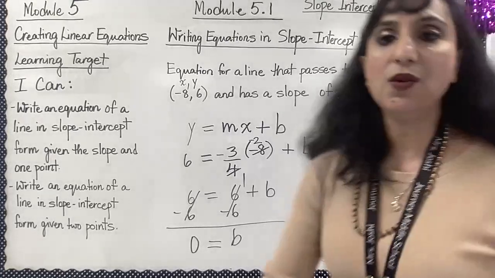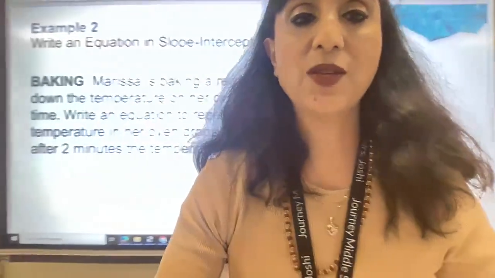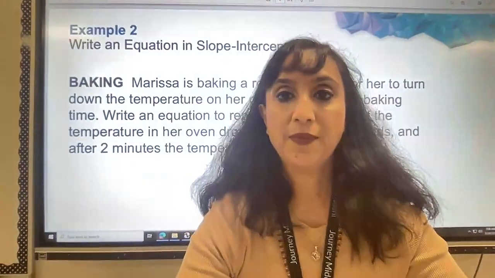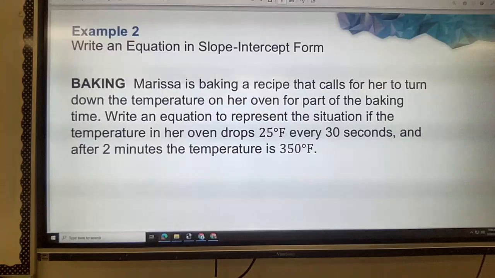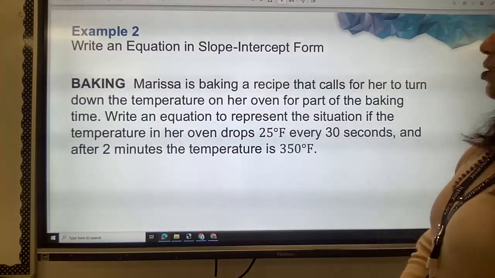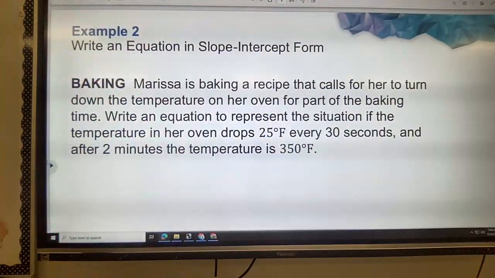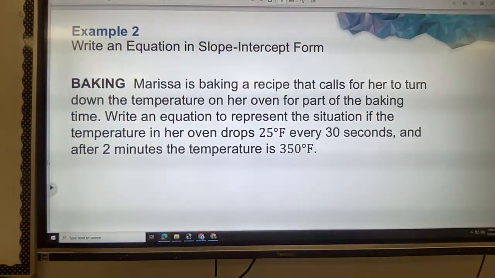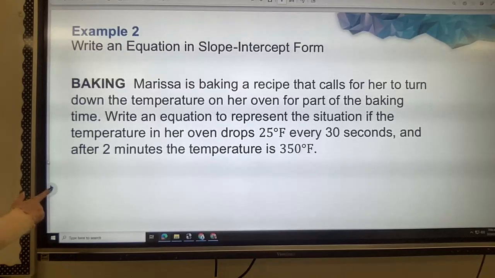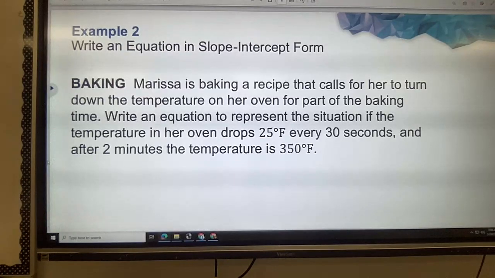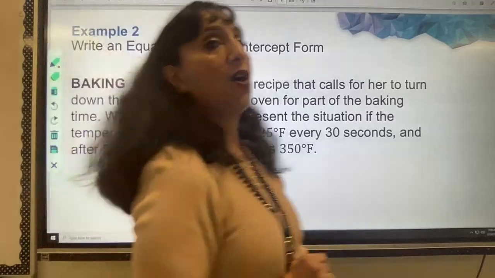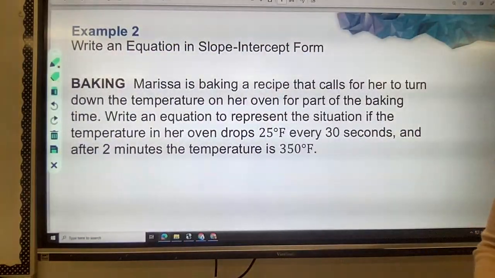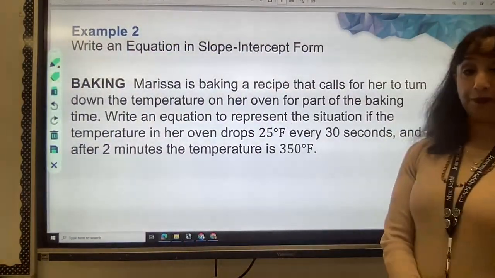Okay, let's do a word problem. Let's look at this question, which is about baking. Marissa is baking a recipe that calls for her to turn down the temperature on her oven for part of the baking time.